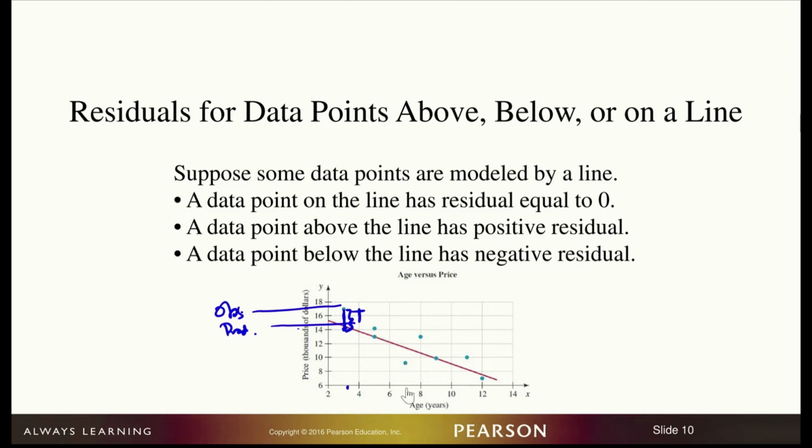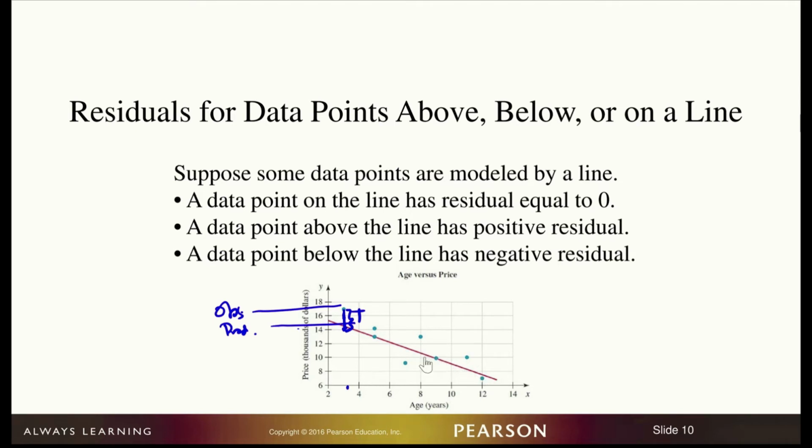Notice here, at this point, this one would have a negative residual because the predicted value would be higher than that, right? So when you subtract this minus that, you're actually going to get a negative value, right? So remember, when the points are above, you get a positive residual, and when the points are below, you get negative.